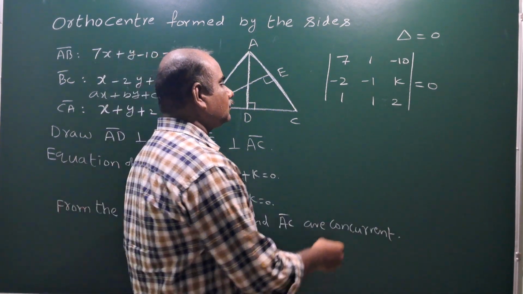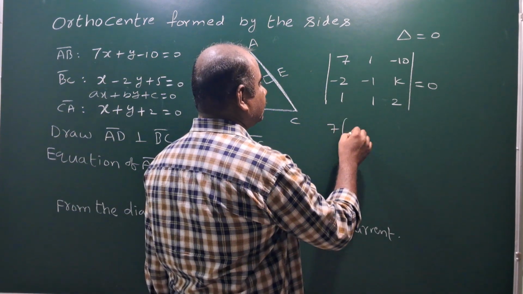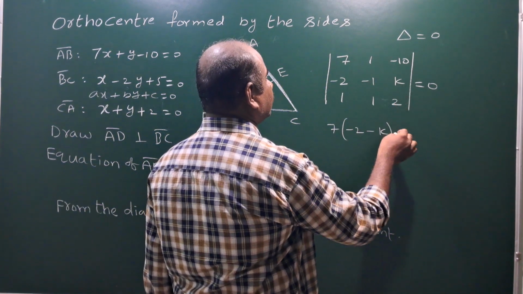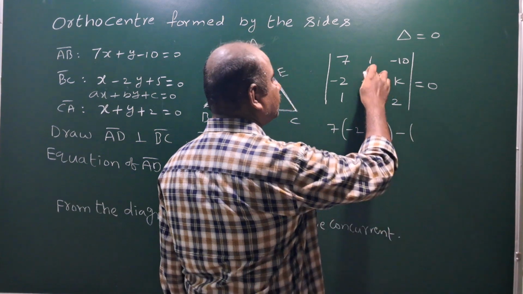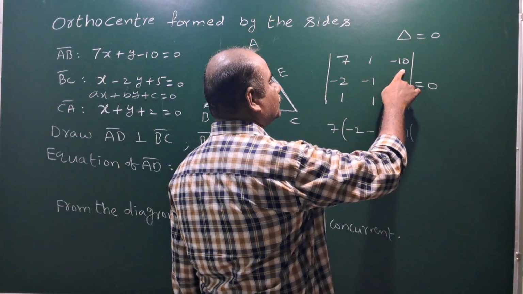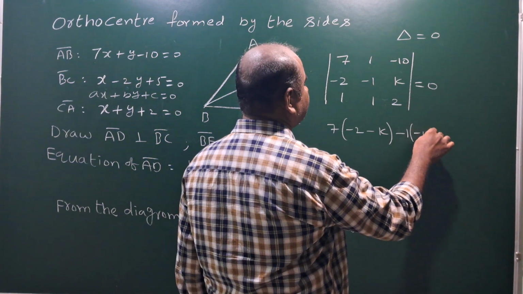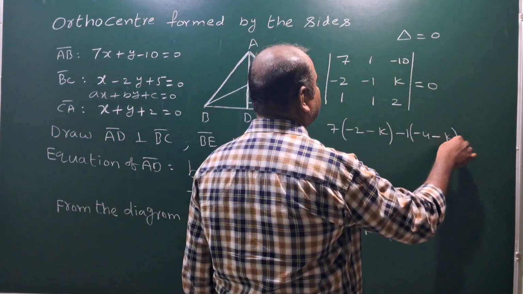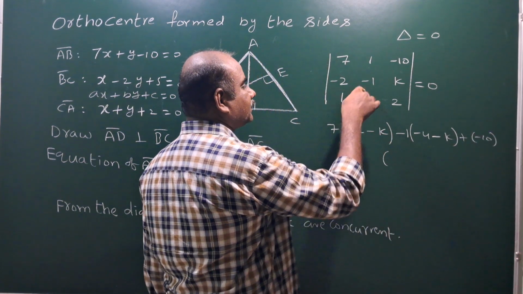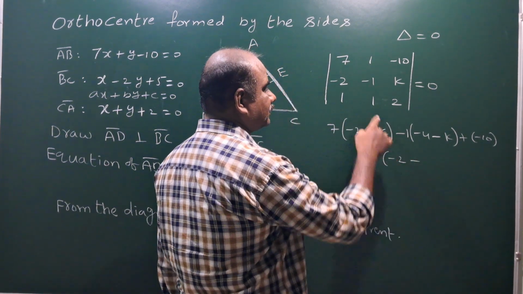Let us see how to do this. Expanding along R1, we get 7 into (minus 1 into 2 minus k into 1), minus 1 into (minus 2 into 2 minus k into 1), plus minus 10 into (minus 2 into 1 minus minus 1 into 1).